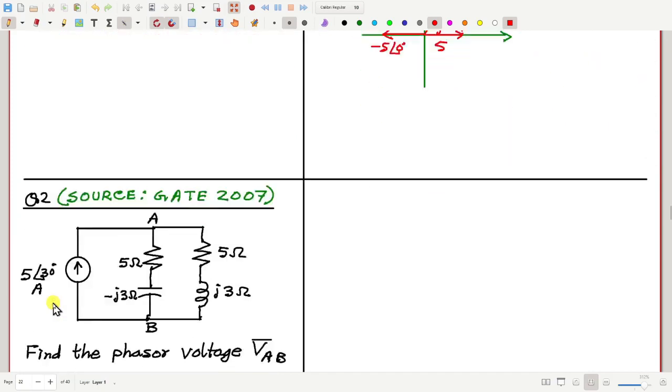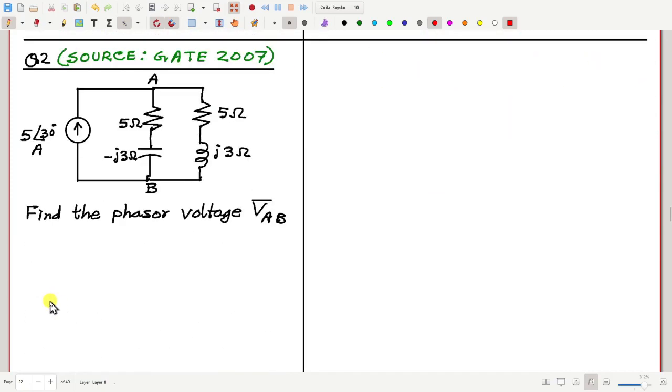Now maybe we take more questions. Look at this circuit. We have two parallel branches and there is a current source. We have to find the phasor voltage between A and B. How can we do this?